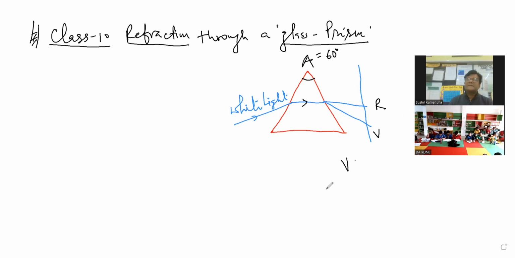Now you know a pattern which is VIBGYOR. These are the 7 different colors, and you see the violet color deviates maximum and the red color deviates least. If somebody asks you the reason, the answer can be the wavelength of red color.